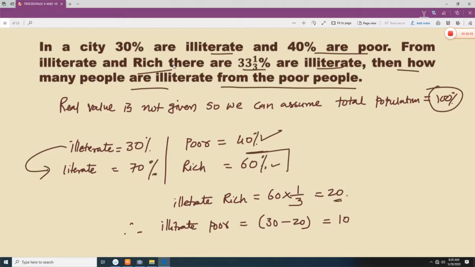If 20 is illiterate rich, then illiterate poor is 30 minus 20, which is equal to 10. So 10 is the illiterate poor.